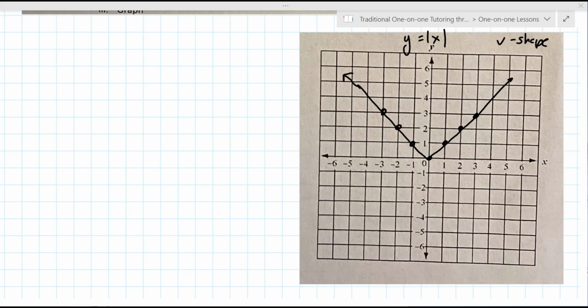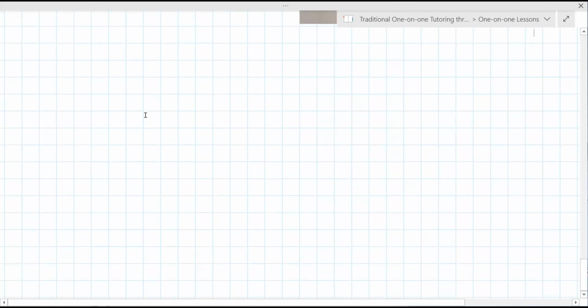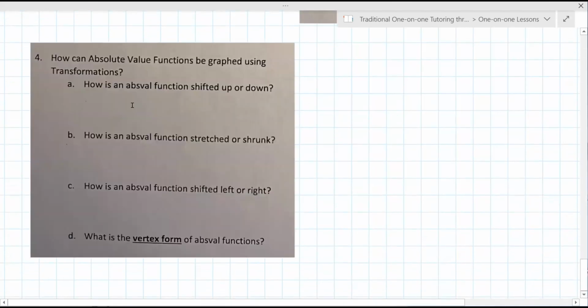Excellent. Okay, so to answer for A, for B, and for C, I'm going to just do a quick demo so you can see what it looks like. Then in the notes, I'll put the answers down so you have them for later. But I want you to just follow along here after I go ahead and snip this in.